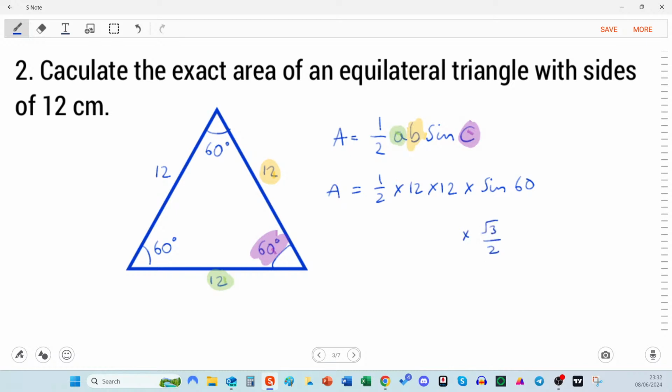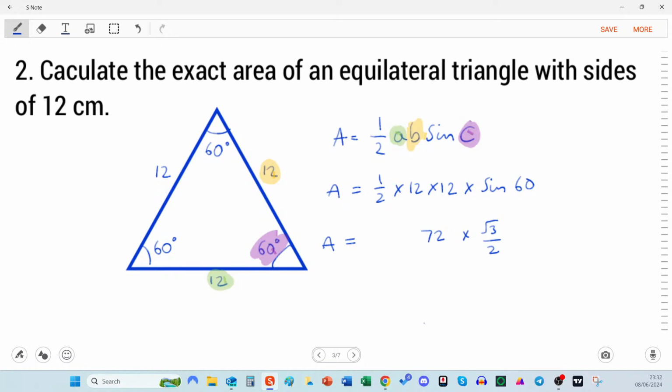And it says calculate the exact area. So we don't want any decimals. We want to leave it like this. A half times 12 is 6, times 12 is 72. So 100% got that correct, because 12 times 12 is 144, divided by 2 is 72. Okay, that's good. Actually, no, I'm not going to move it across.